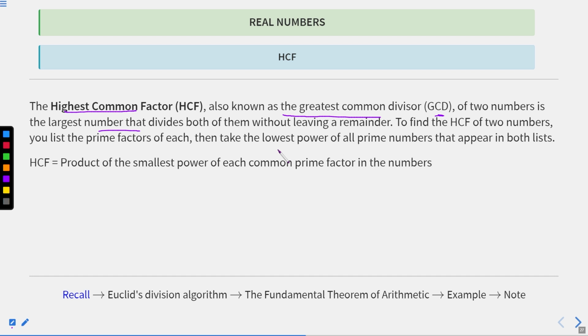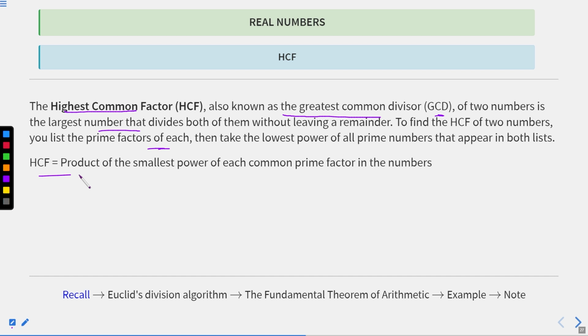To find the HCF of two numbers, you list the prime factors of each and then take the lowest power of all prime numbers that appear in both lists. So HCF is the product of the smallest power of each common prime factor in the numbers.